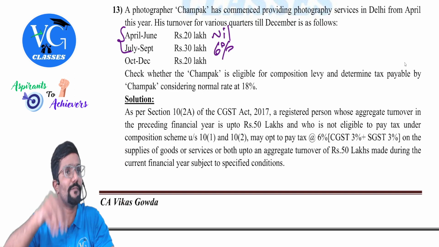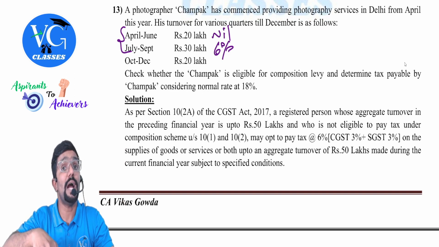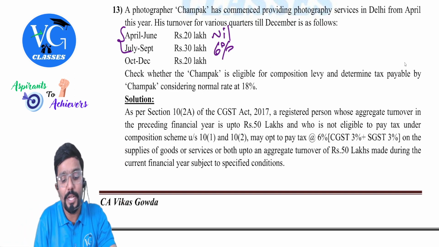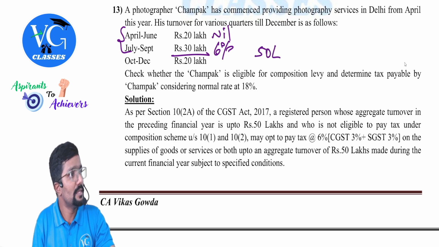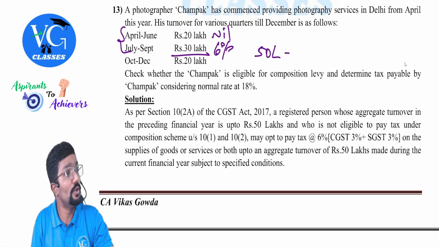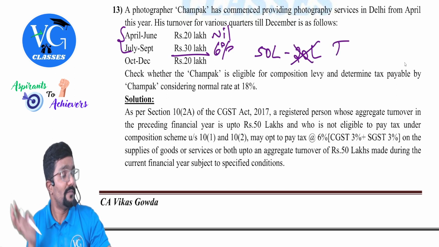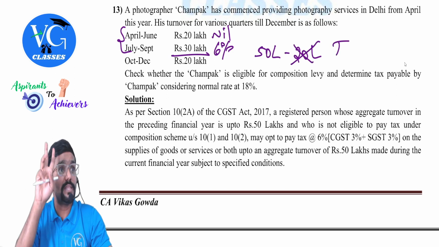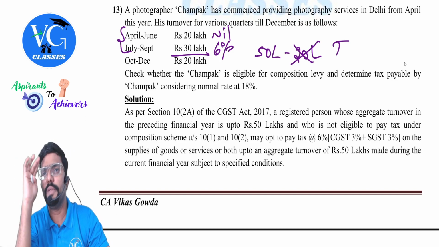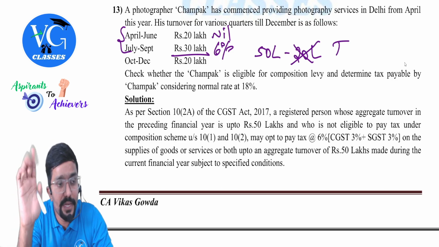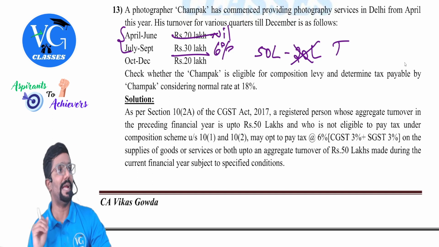And guys, please be careful. Sir, this is based on what? Aggregate turnover. His aggregate turnover will cross 50 lakh this year. Sir, should I reduce 20 lakh from there? No. That 20 lakh is only for calculating tax. For checking eligibility, should we reduce the threshold limit for registration? No. Please be careful. While paying tax, I will not pay it on 20 lakh.